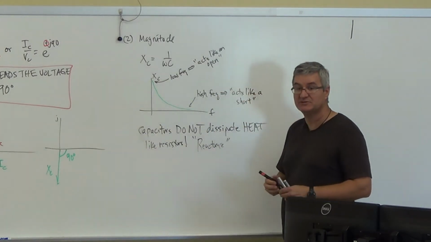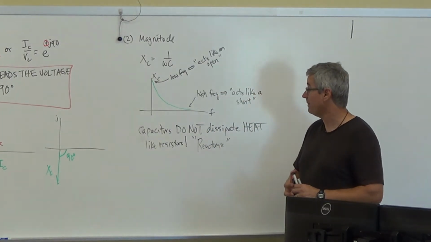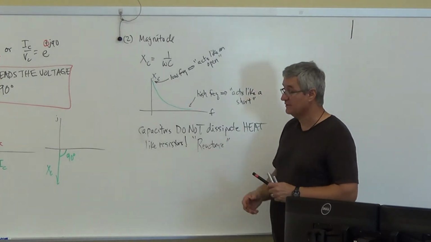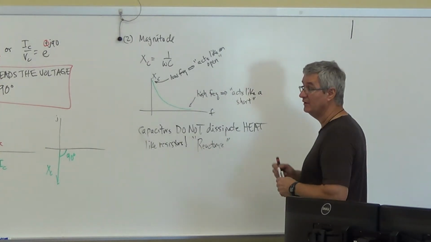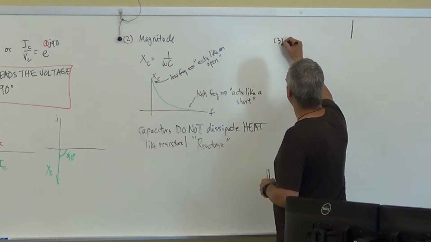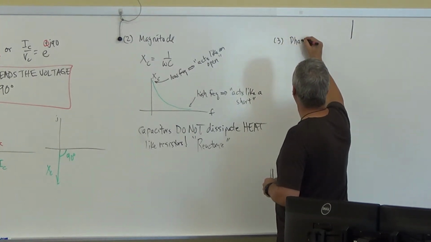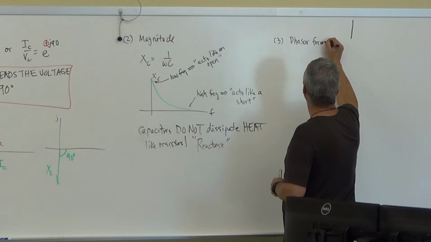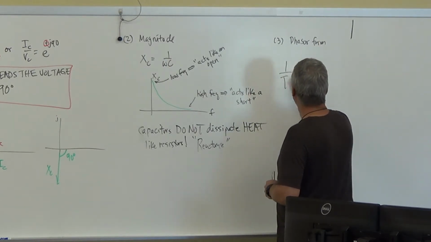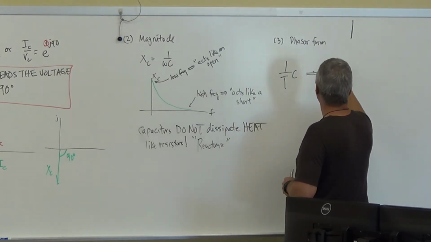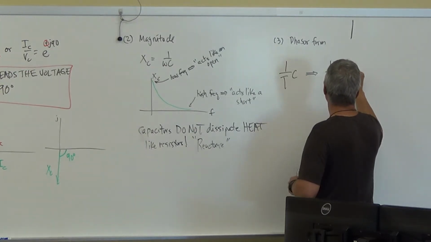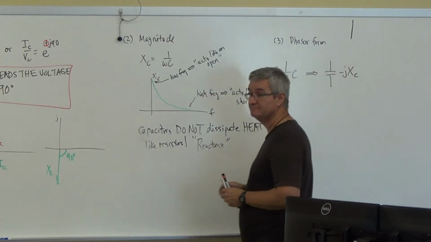They react to the frequency. So if I now want to do the last thing here, in phasor form, that means that every time I see a capacitor, I literally replace the capacitor with minus j XC.